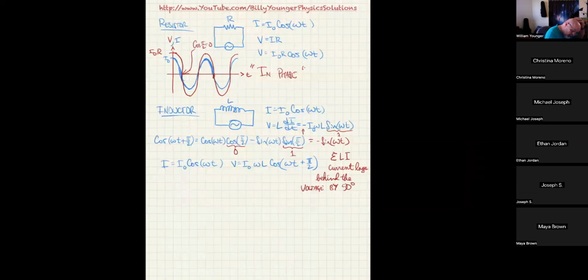So that's what that's actually saying. And we see that right here because that's 90 degrees. And you see that the voltage is actually ahead.